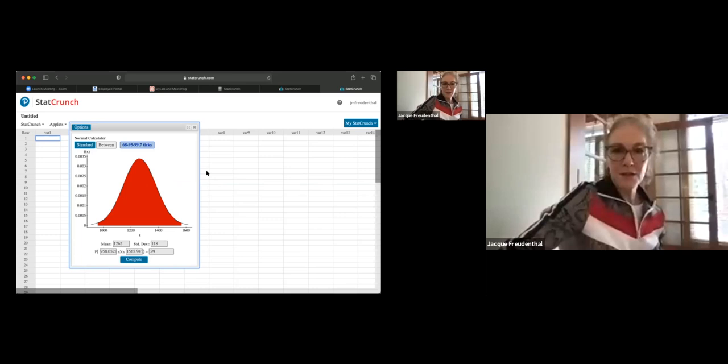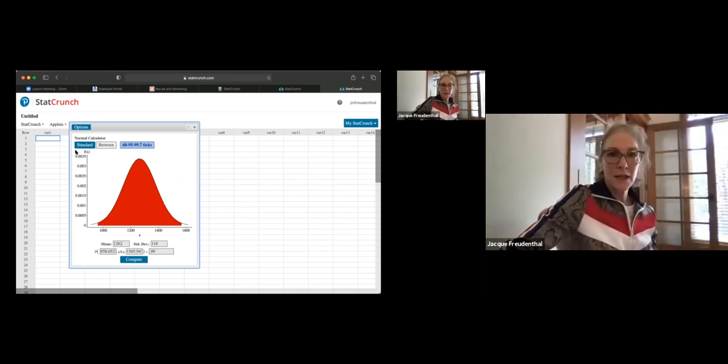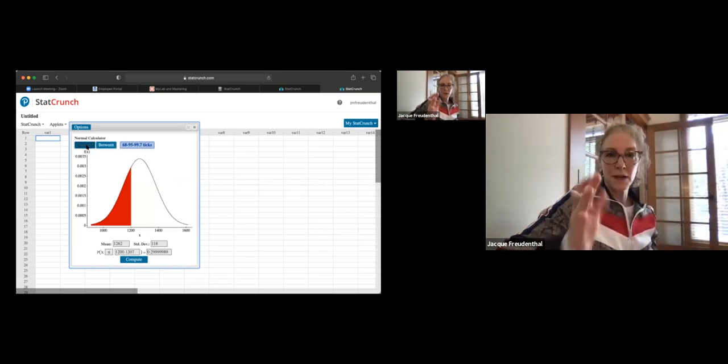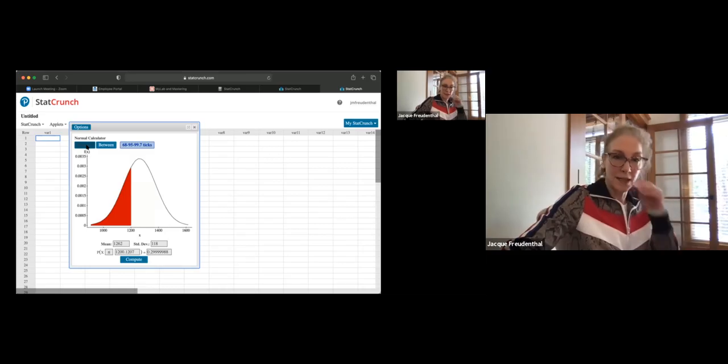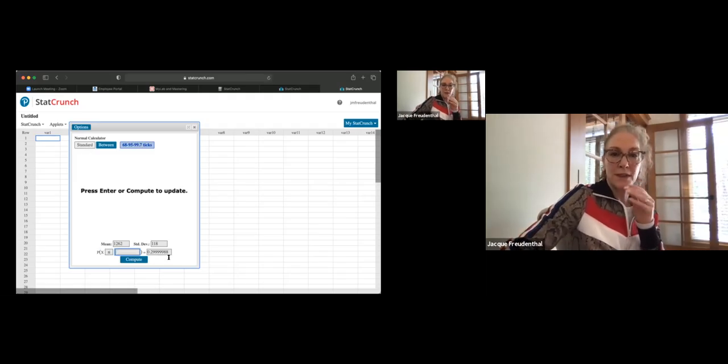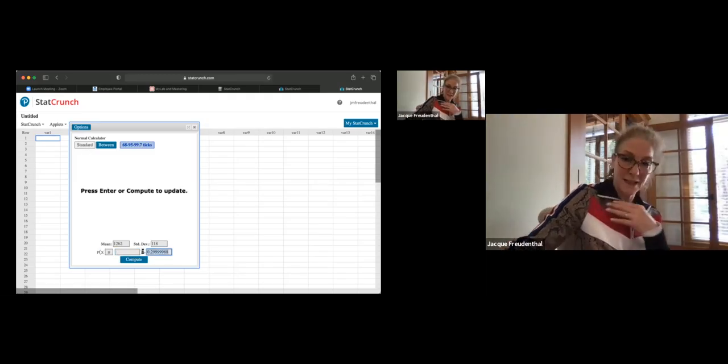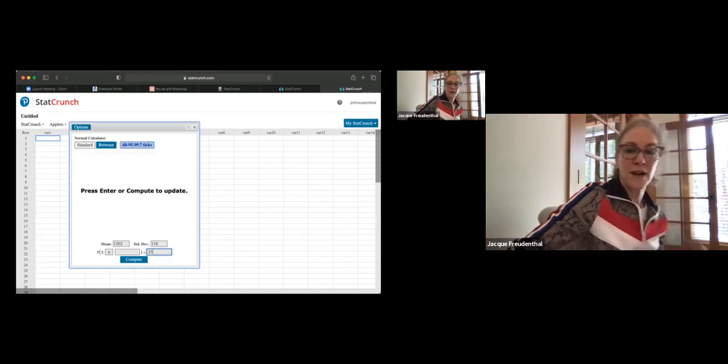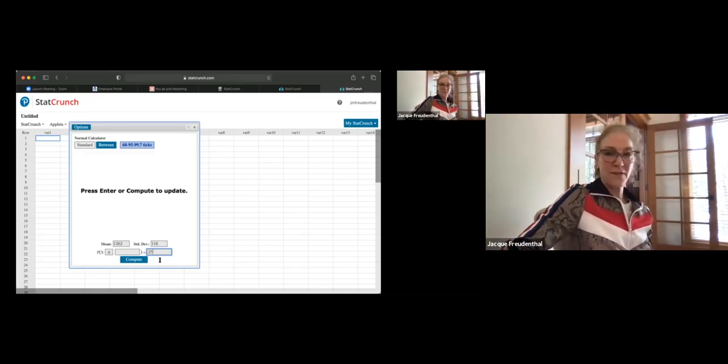Okay, so I can get into StatCrunch pretty quick here. What we did was we need to choose standard because we only want either the left tail or the right tail. The mean and the standard deviation are the same. I'm making sure I have less than, and I don't know what the value of the first quartile is, but I know that 0.25 is the 25th percentile or 0.25 area.